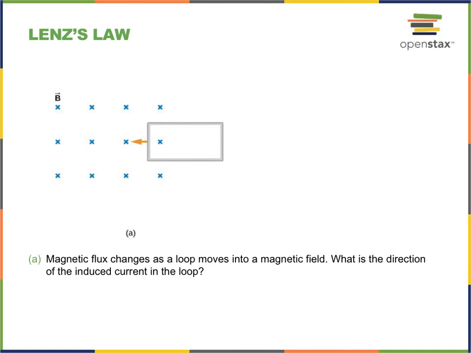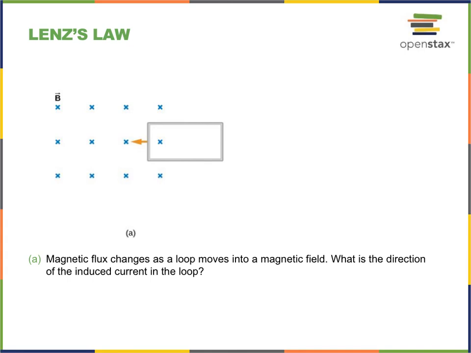Finally, one last example, because there's a gazillion examples of Lenz's law, but we always can just reason through them very logically. So here we have a loop of wire, and it's moving to the left. Initially, it was in an area where there wasn't any magnetic field, and now it's moving into a region where there is magnetic field.